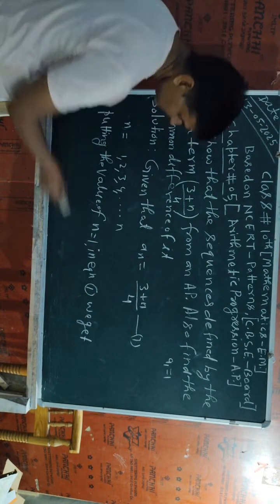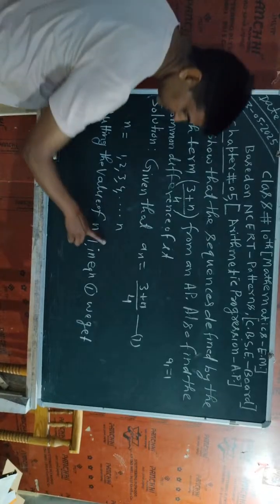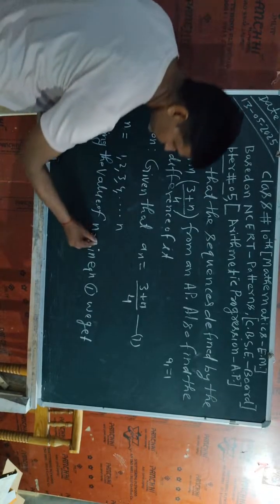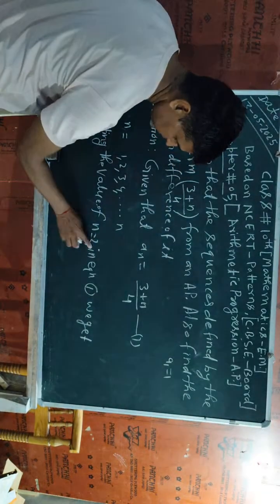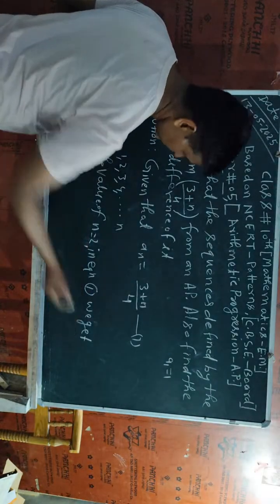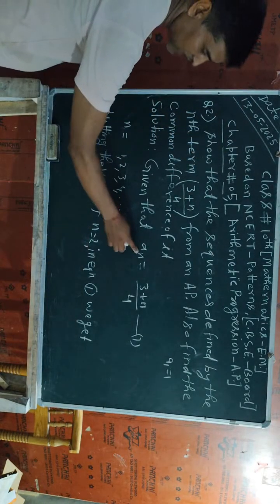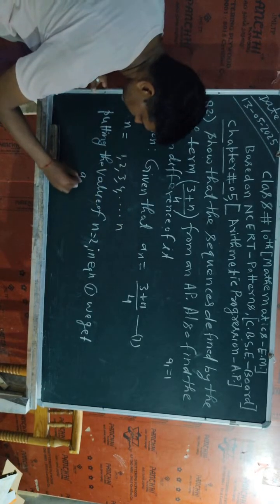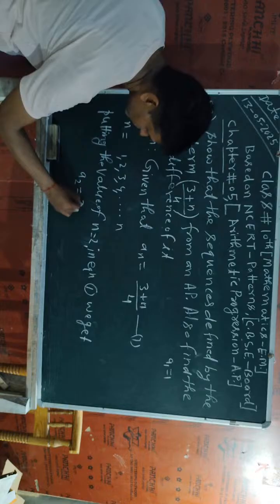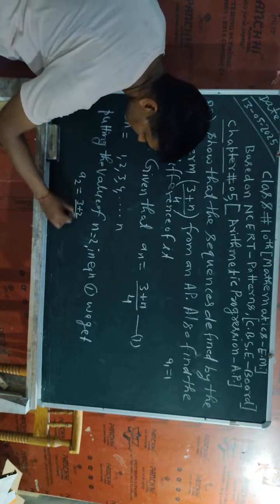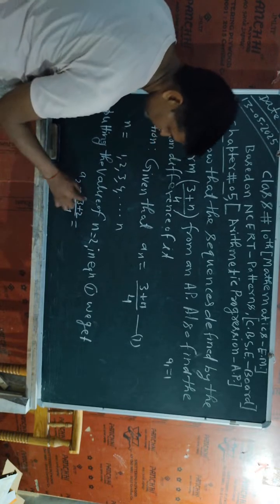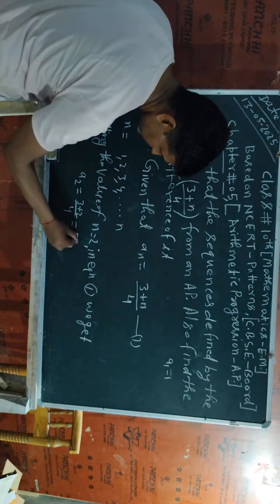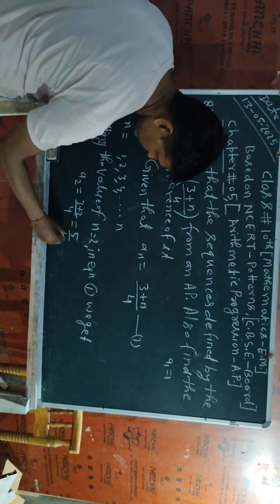Again, next step, putting the value of n equal to 2 in equation 1, we get a2 on the left hand side, which is equal to (3 plus 2) divided by 4. Its value, 3 plus 2, will be 5 divided by 4.